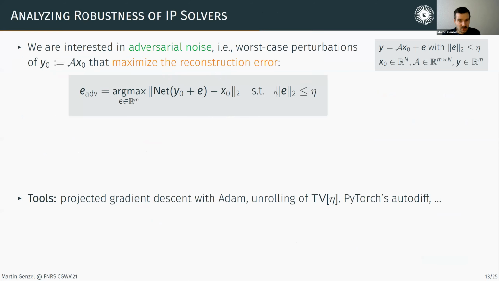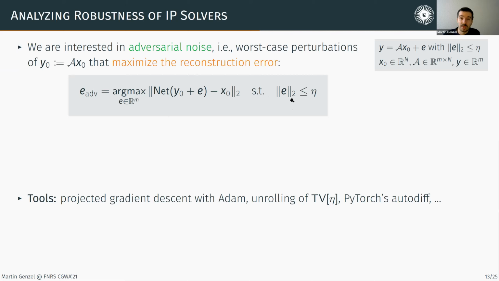We have this constraint, of course, because of the inverse problem, and we have to respect this constraint, but within this constraint, we would like to compute the worst possible perturbation that maximizes the reconstruction error. Basically, this looks like a simple problem, but it turns out it's non-convex.